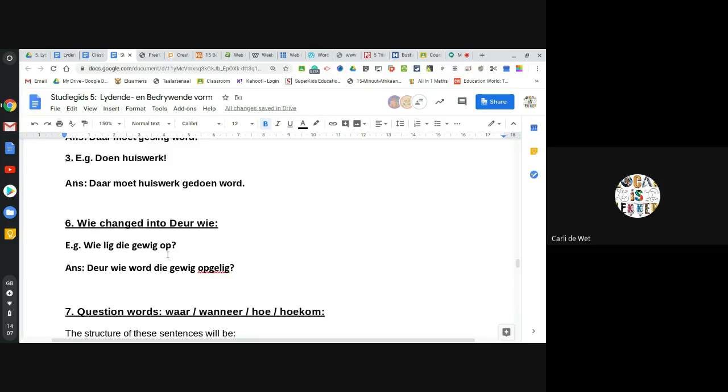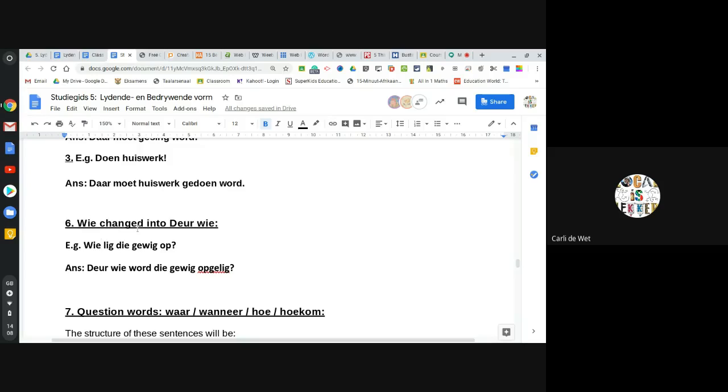Wie lig die gewig op? As soon as there's a proper verb in the front, it means that this sentence is in the present tense, and then word is going to be substituted here, and the proper verb is going to move to the back. Now, if you look at lig and op, you remember that this is going to be a verb as well.